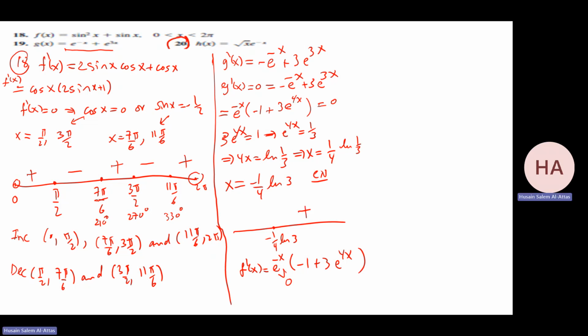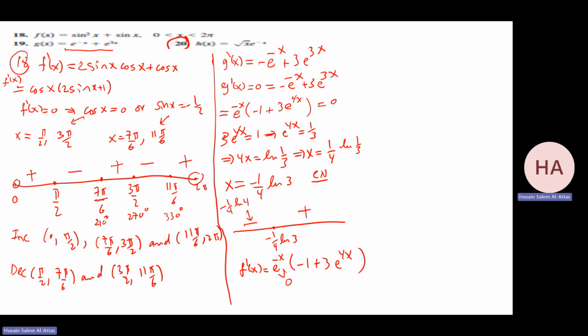Here I take which value? I take, for example, minus 1 over 4 ln 4. Plug it in, I have minus ln 4, which is ln 1 over 4. So I have 3 over 4 minus 1, that will be negative.